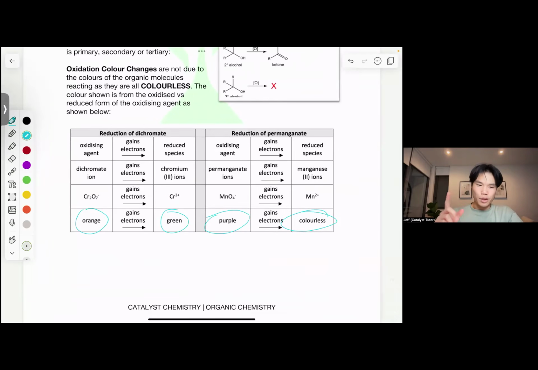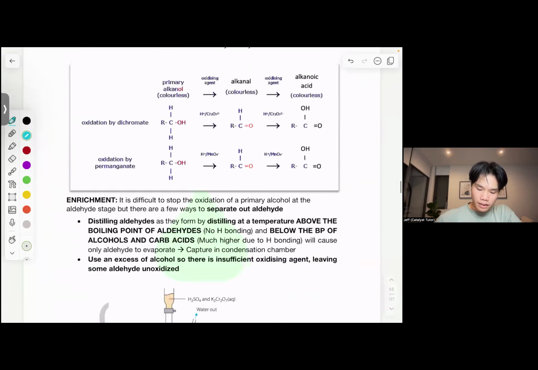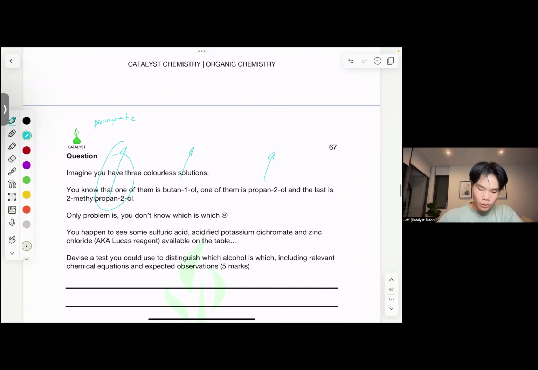Permanganate starts purple and ends up colorless if you oxidize something. But 2-methylpropan-2-ol is a tertiary alcohol.